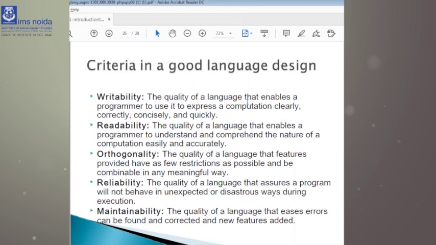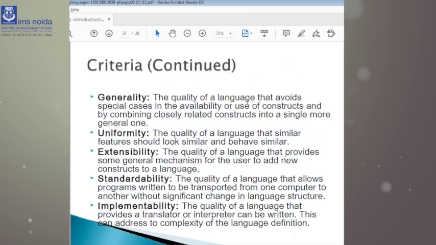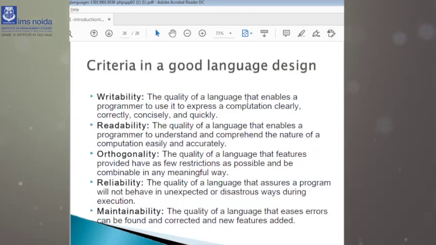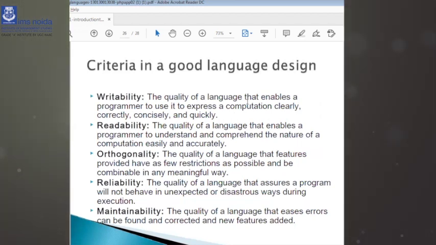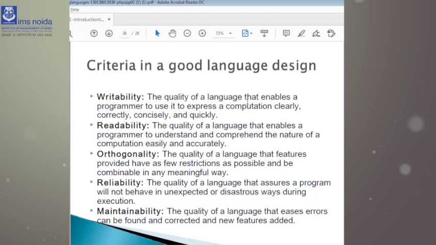It has writability, readability, orthogonality, reliability, maintainability, generality, uniformity, extensibility, standardability, and implementability. These are the many criteria which a good programming language contains, and they must be available in your code.